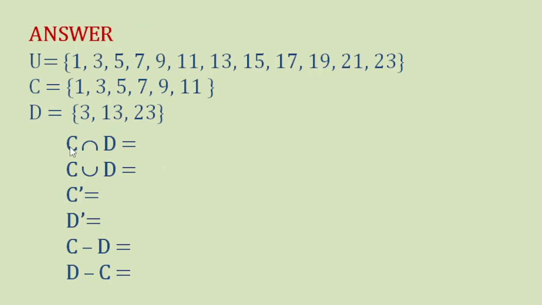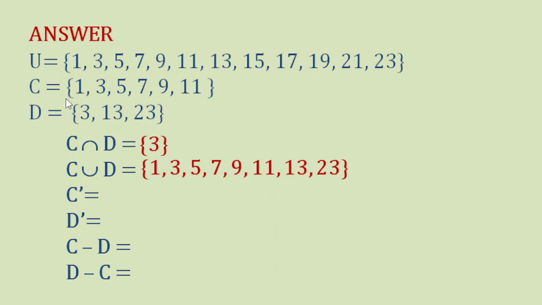Okay, C intersection D. Common element or elements between C and D. There's only one, 3. Then C union D. List the elements we have in C and D without repeating any element. 1, 3, 5, 7, 9, 11, 13, and 23.